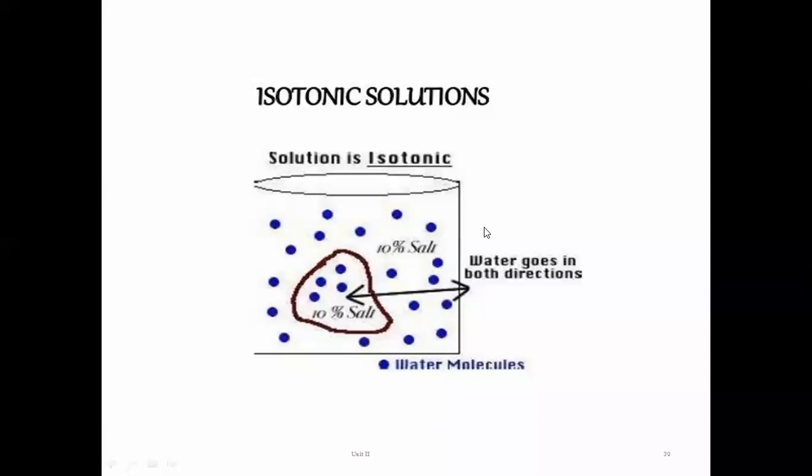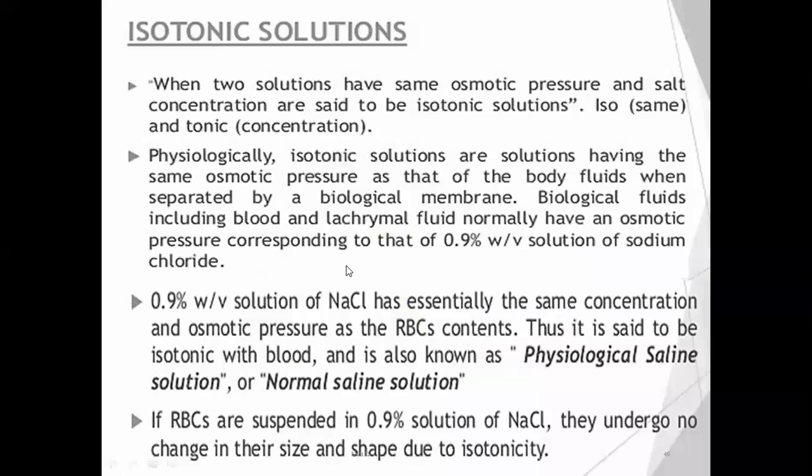So, in order to avoid any disruptions to the cells or the semi-permeable membrane, the solution must be isotonic with that semi-permeable membrane. So what is the meaning of the word isotonic solution? It refers to when two solutions have the same osmotic pressure.